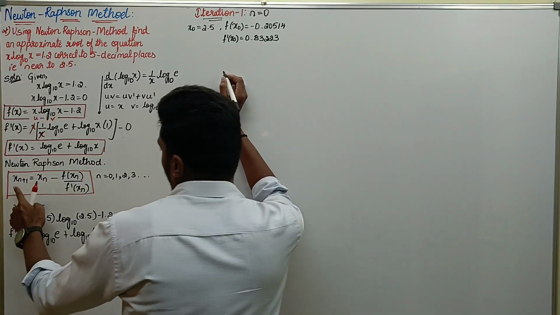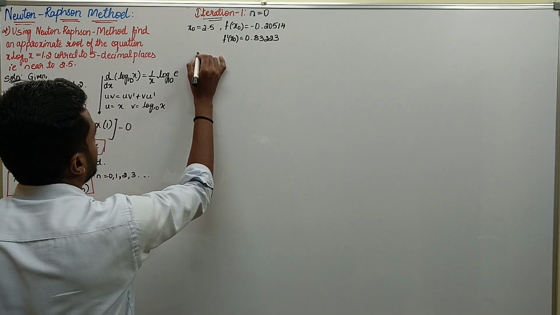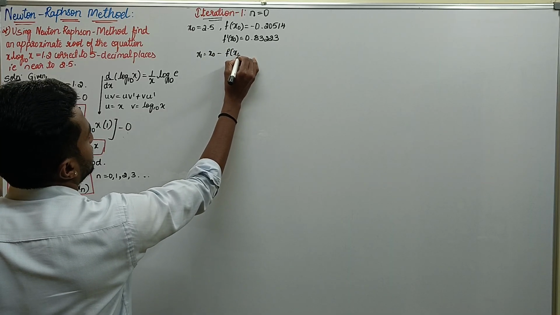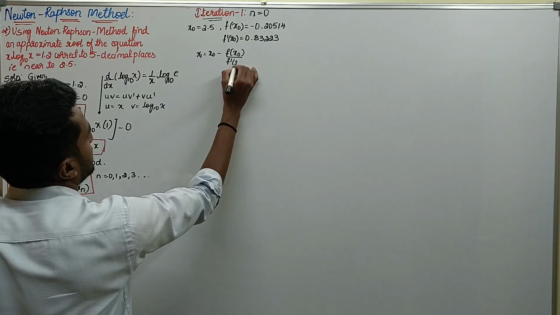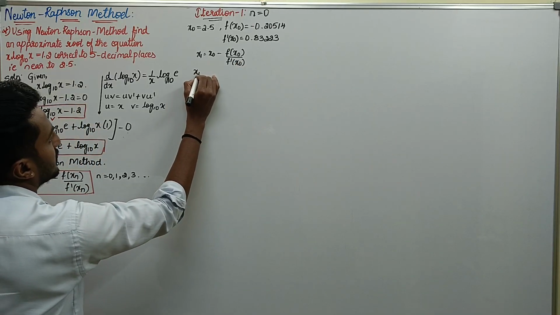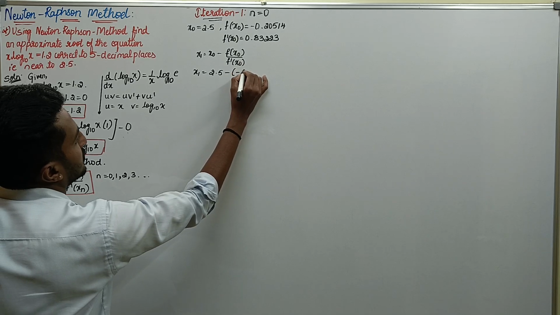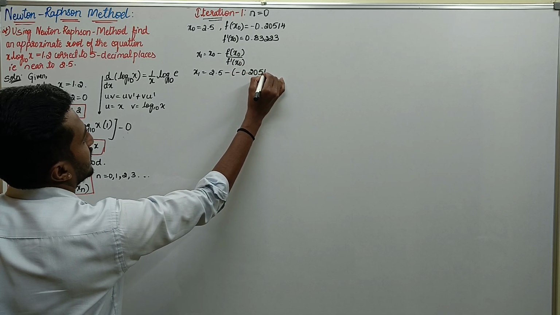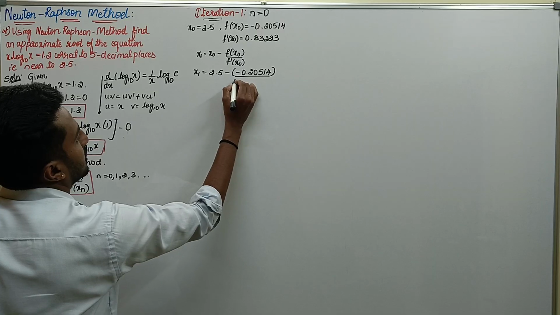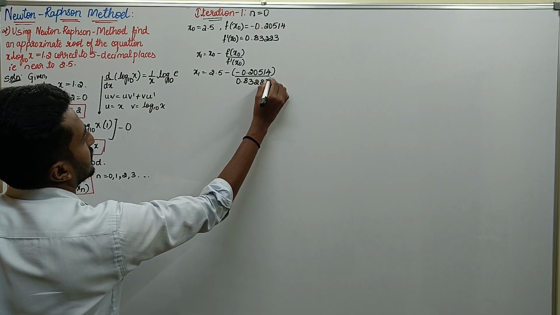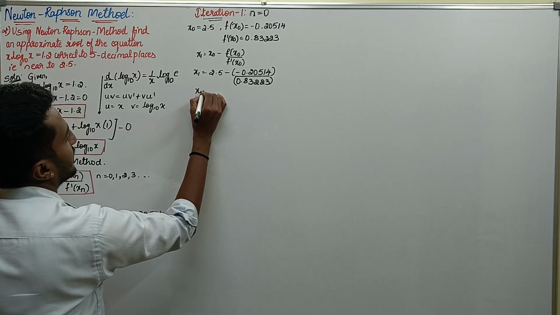Substitute in the Newton-Raphson method, that is x1 equals x naught minus f of x naught divided by f dash of x naught. Now substitute the values: 2.5 minus of minus 0.20514 divided by 0.83223. Close the bracket, represent x1.